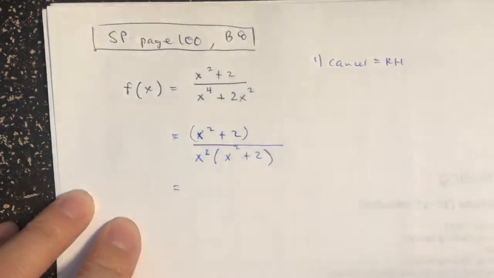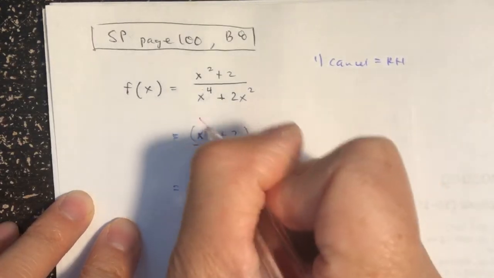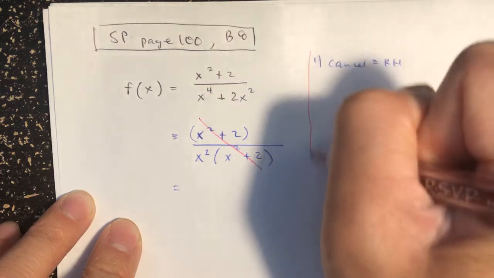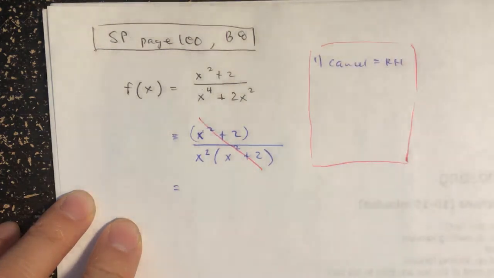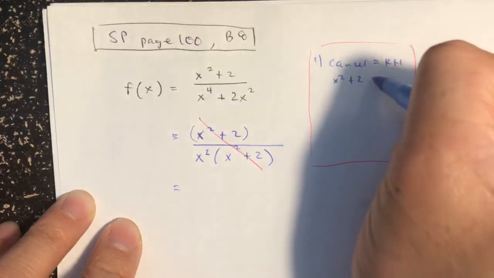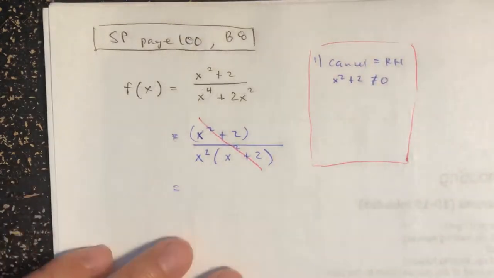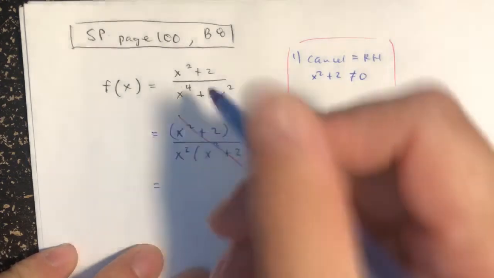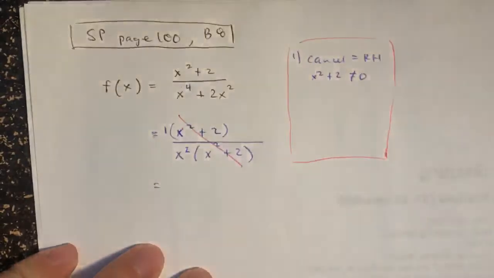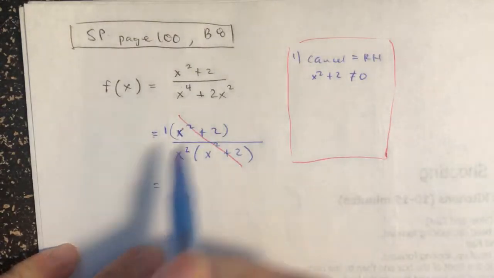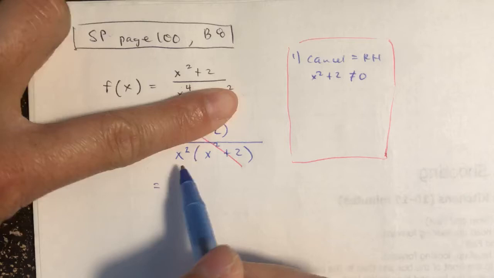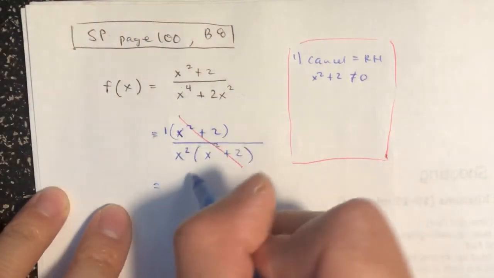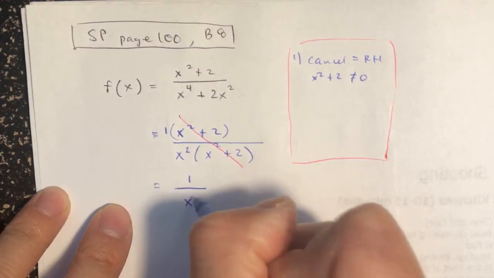So if I put one expression over the other, that means I'm going to have as my removable hole x squared plus 2 is not equal to 0. I wrote that 1 there because a lot of times students will cross this off and think they're left with just x squared, and that would be incorrect. You actually have a 1 there, so you're left with 1 over x squared.